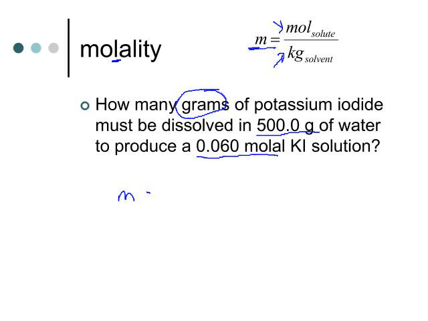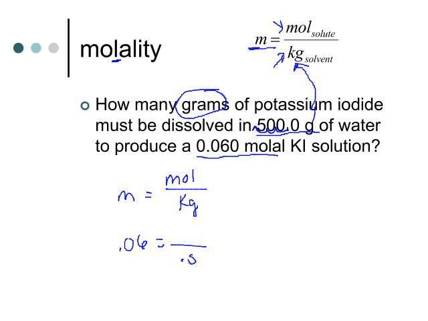So what that means, when we look at our formula, is I got 0.06 on this side, 500 grams, but it has to be in kilograms. So the magic number of movement is 3: 1, 2, 3.